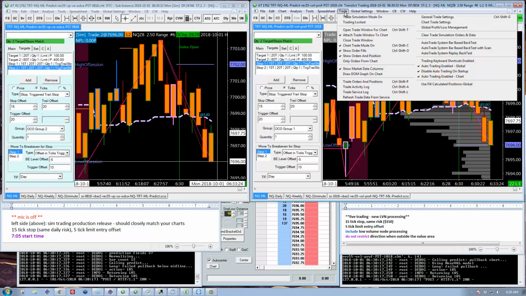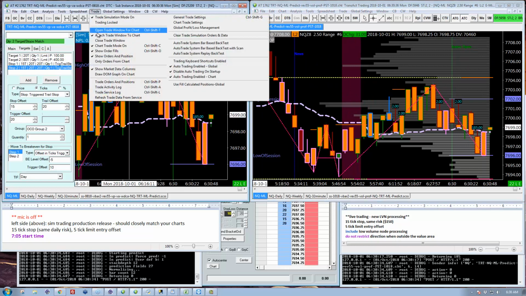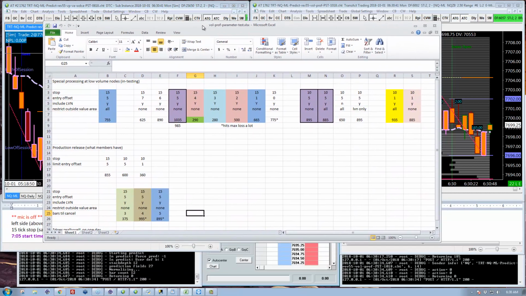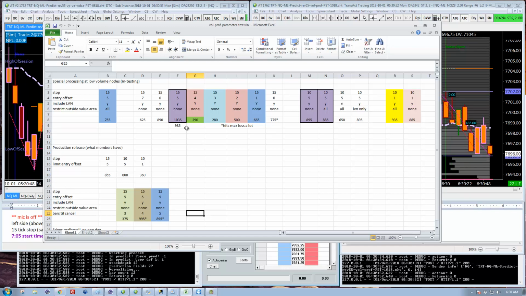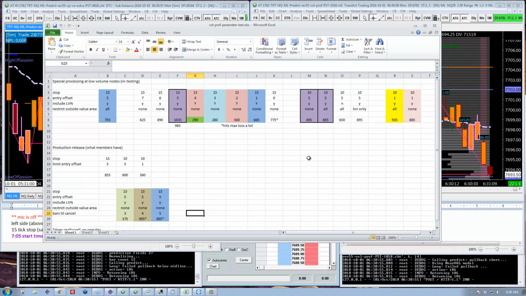So now let's review why I'm using those values. Also, we're starting today at 7:05. This is a sheet that shows different options, and it's just using last week as the test case.